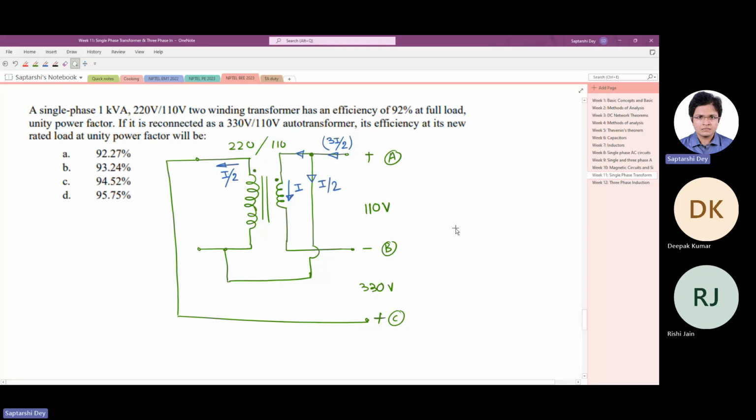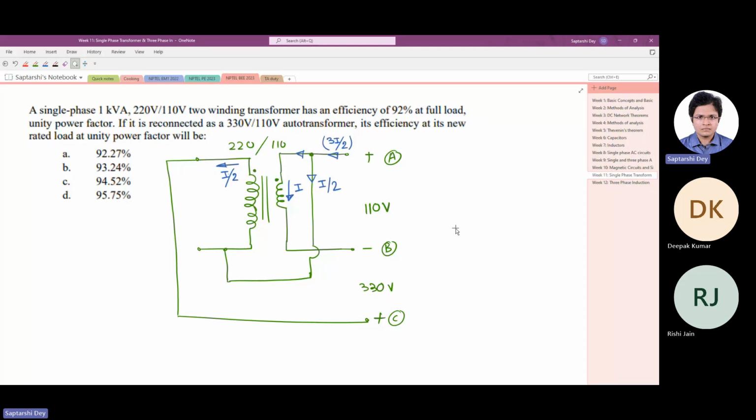Now the transformer, before it was connected as an auto transformer, when it was being used as a regular transformer, had a 92% efficiency at full load, unit power factor. Now it is reconnected like this. Its efficiency at its new rated load will be how much?